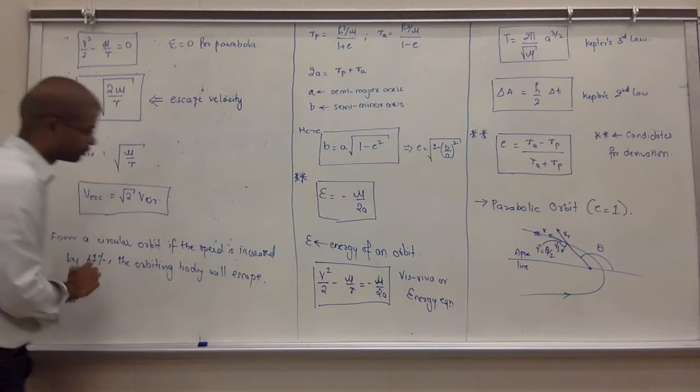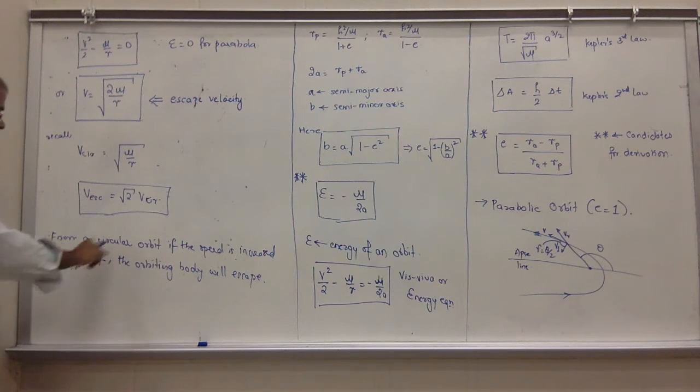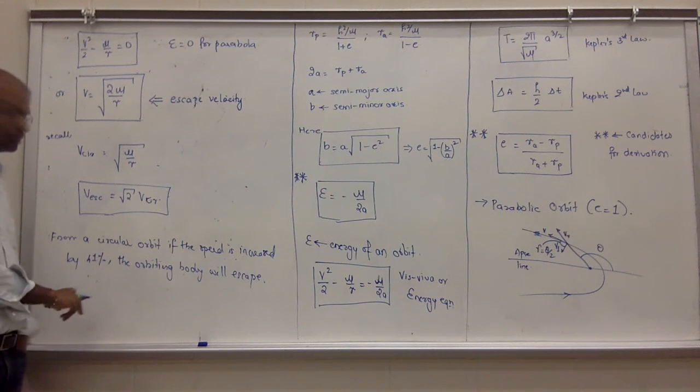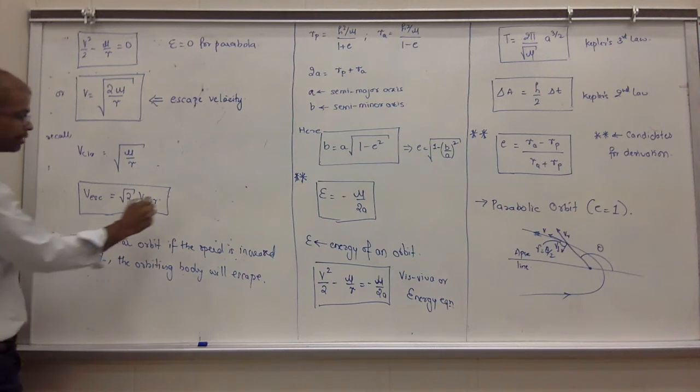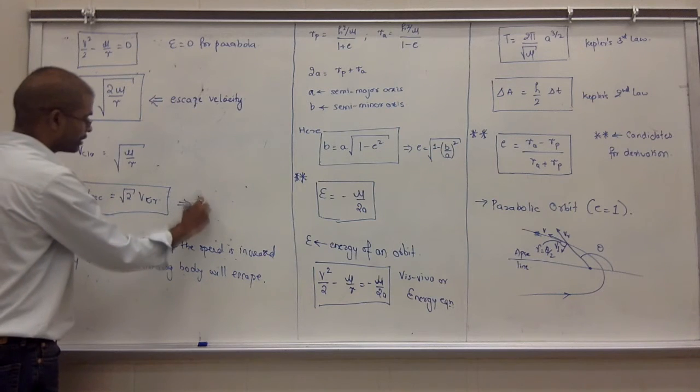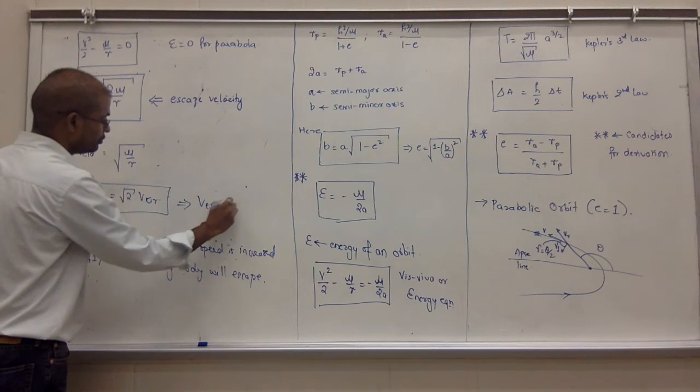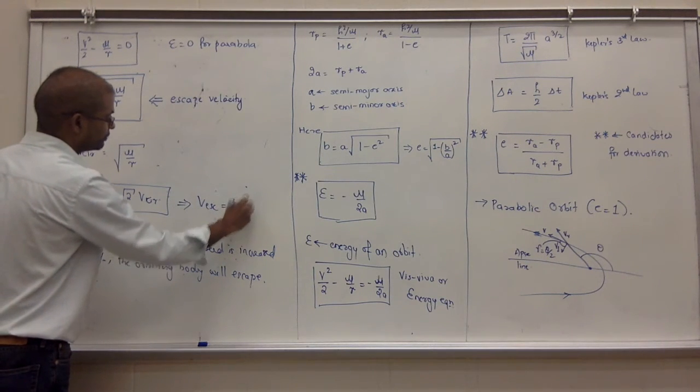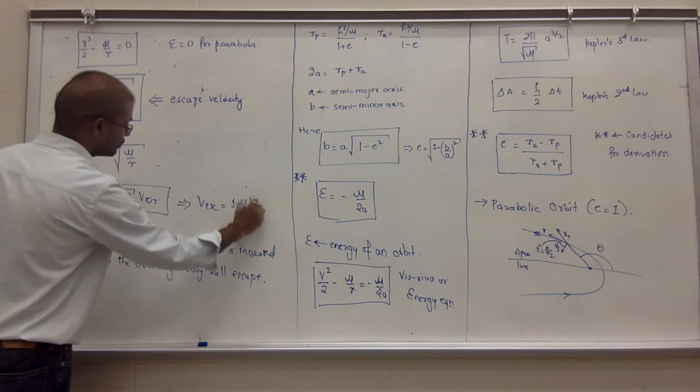From a circular orbit, if the speed is increased by 41%, this implies V escape is what? 1.41 times V circular.